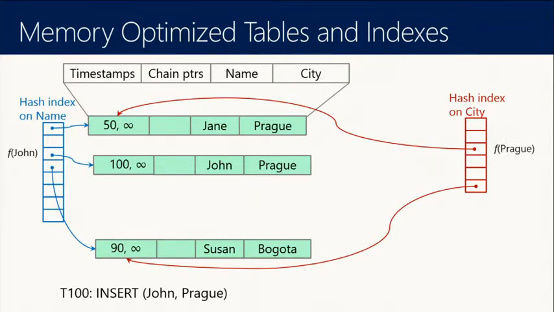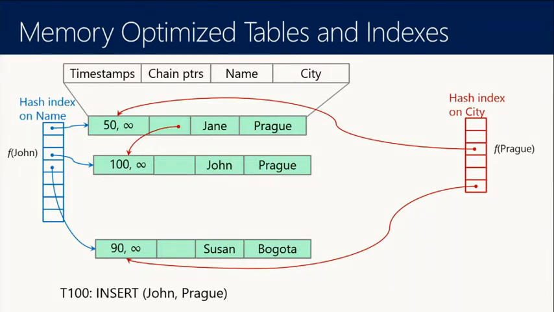And now, as we saw before, Prague is mapped to the 3rd slot here, but this 3rd slot already points to Jane in Prague, and well, the slot has only one pointer. So what happens now? So what happens is that this row here has chain pointers. So it has, for each index the row participates in, a pointer in that row for the next row in the index.